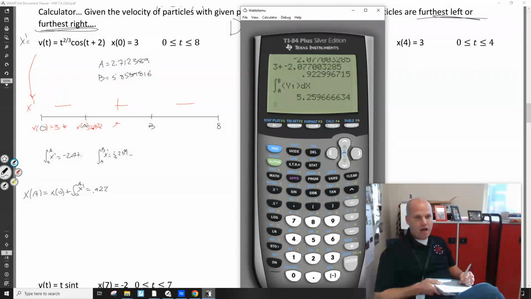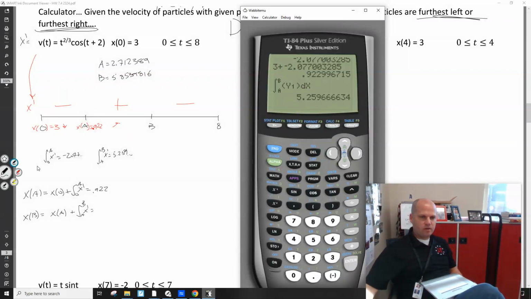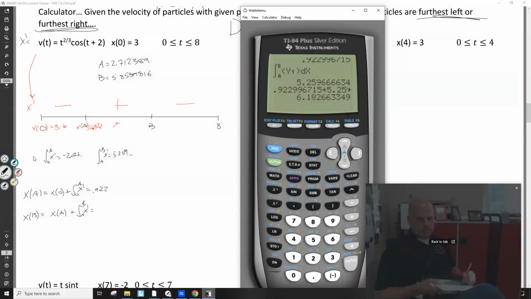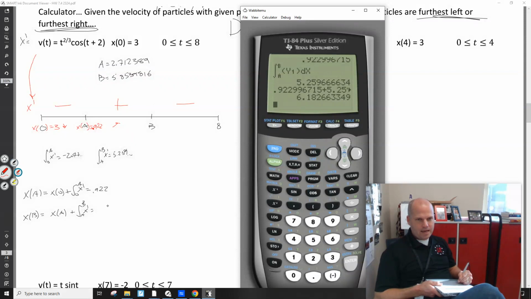It should be a positive number because it's how much we are going up. We have accumulated our derivative. Here, x of B will equal x of A plus this displacement from A to B, or the accumulation of my derivative from A to B. So I have the 0.922. I will then add this positive value. I get 6.182.